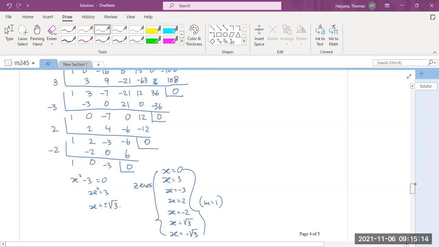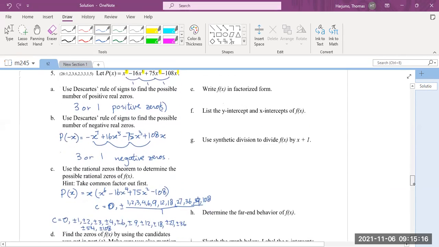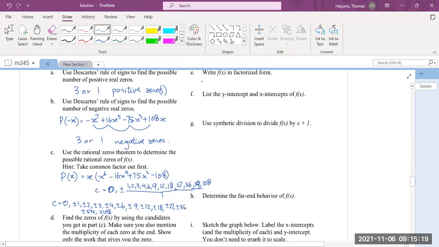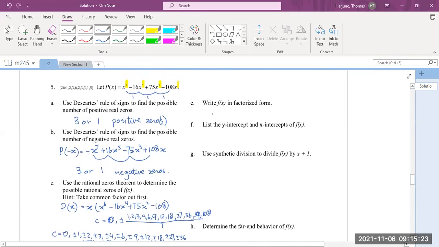Okay, now we go on. Write f(x) in factored form. Is it f(x) or p(x)? Yeah, f(x). f(x) is x times x minus 3, x plus 3, x minus 2, x plus 2, x minus radical 3, x plus radical 3.